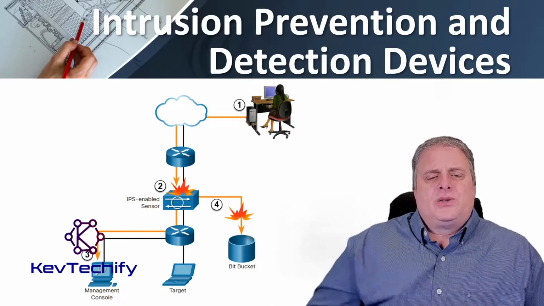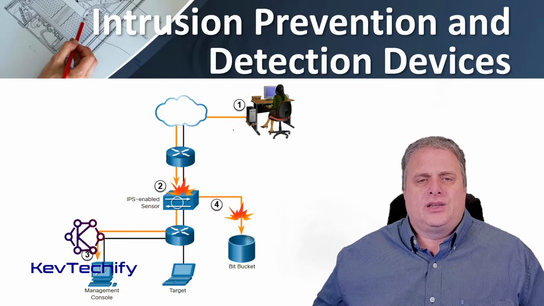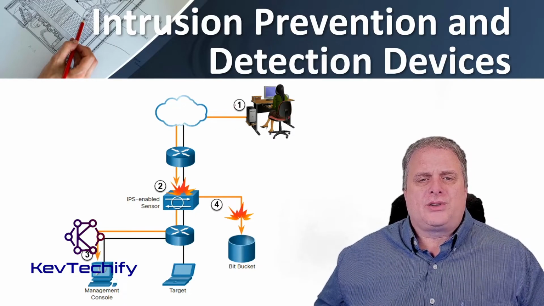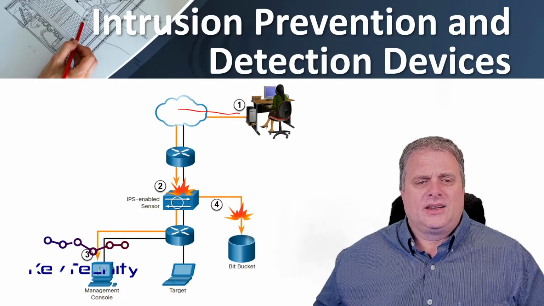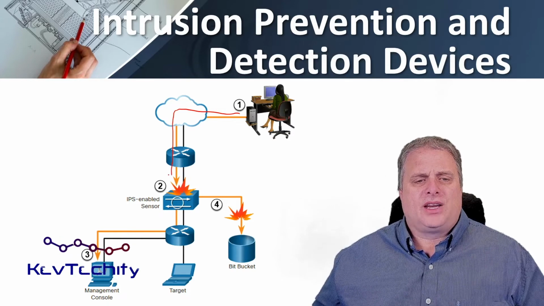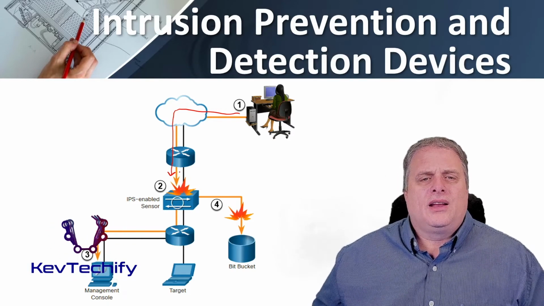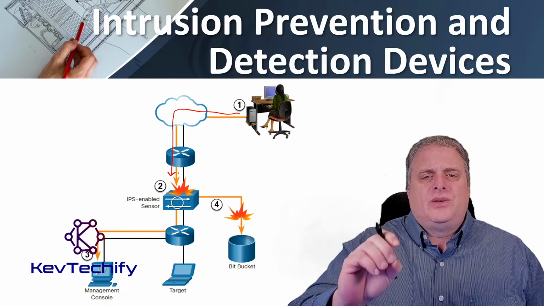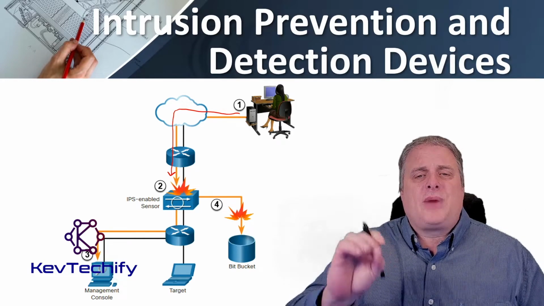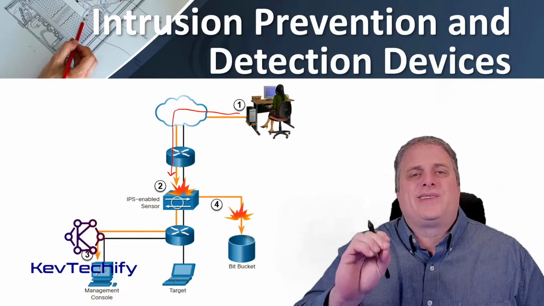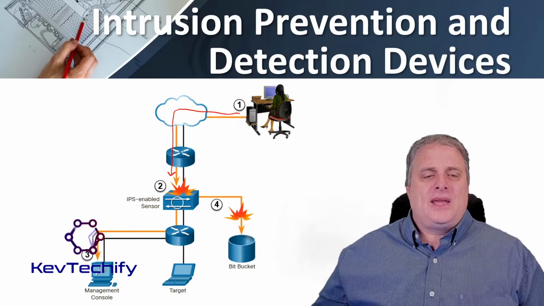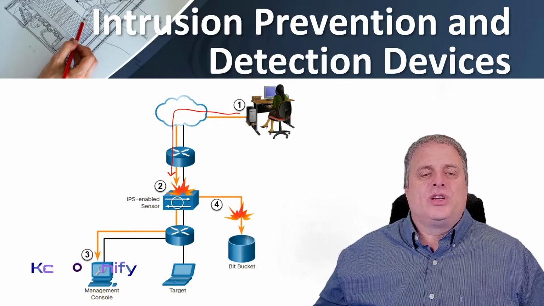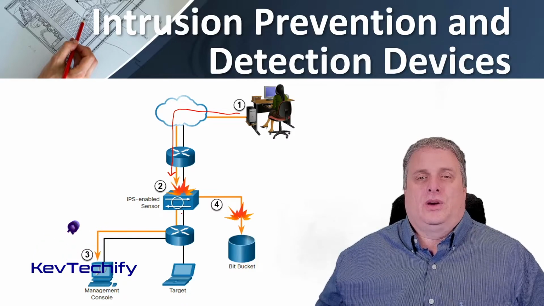How these intrusion prevention systems work is, first, the malicious traffic is sent to the host computer. So our threat actor is sending malicious traffic here. Then the traffic is routed into the network and received by the IPS enabled sensor, where it's blocked. So the IPS blocks this malicious traffic before it hits your network.